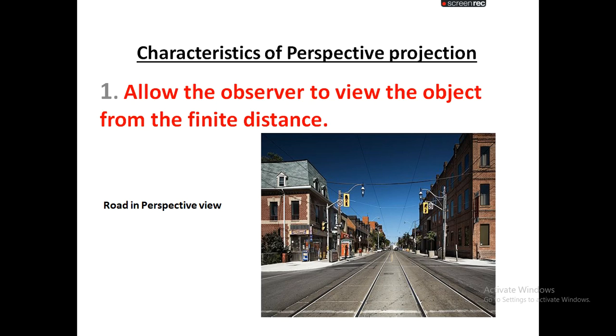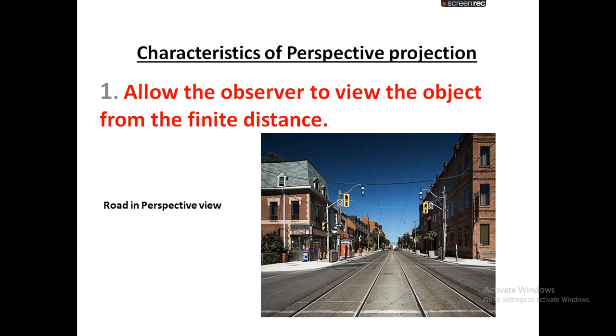If you compare this property with parallel projection, there I use the term infinite distance. If I place the projection plane an infinite distance from the object, we can still project that object description onto the projection plane.